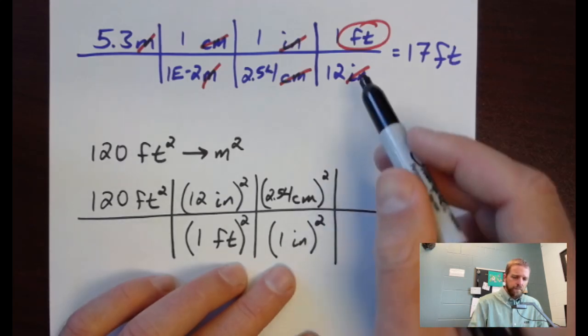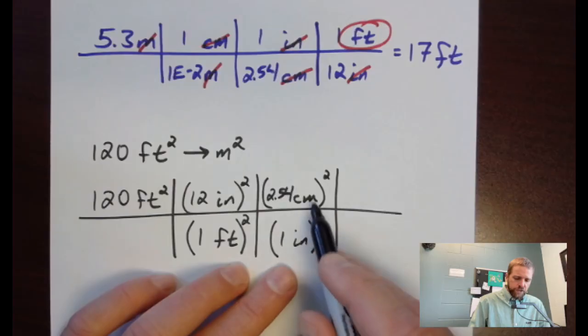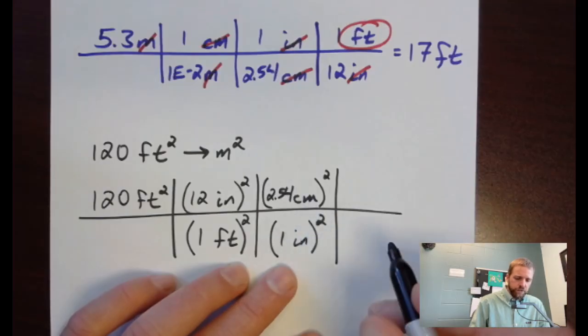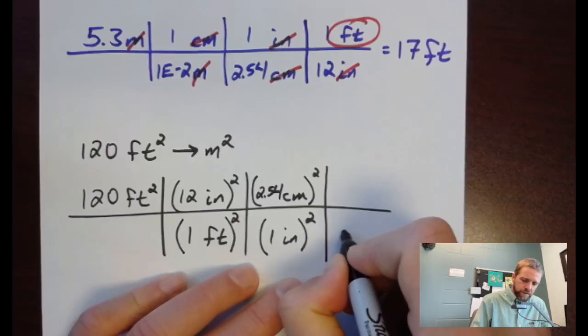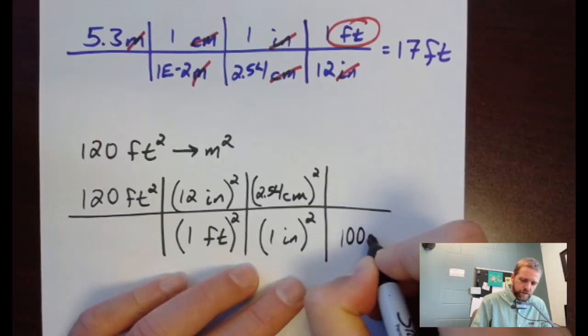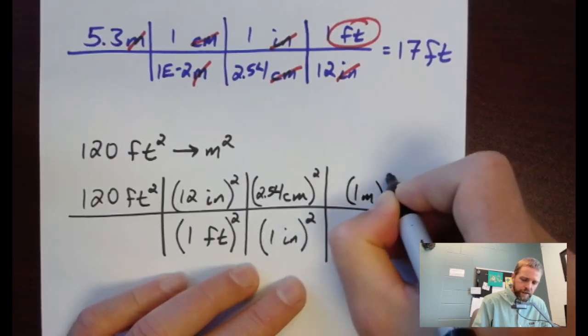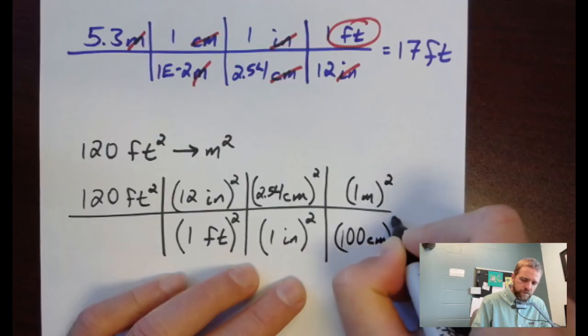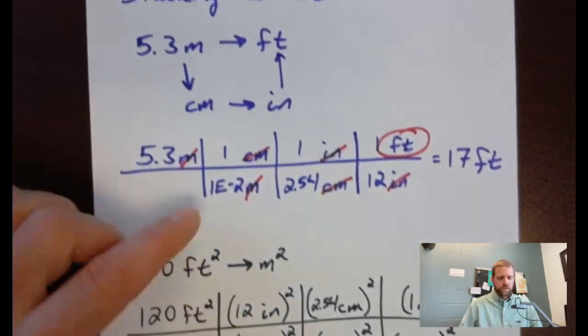And lastly, I'm going to take centimeters and go to meters. So I'm going to say there are 100 centimeters in 1 meter, and I will square those. Notice I wrote this one a little different because it doesn't matter.